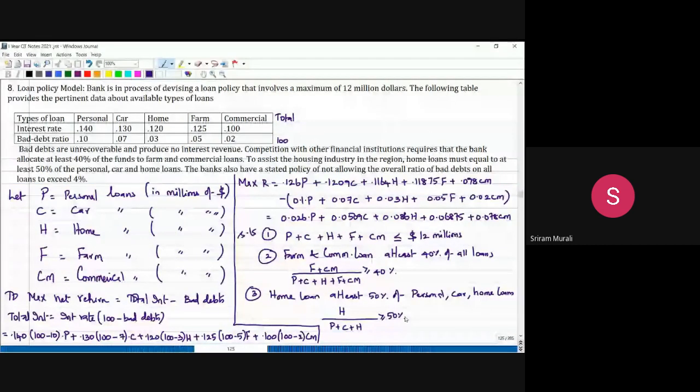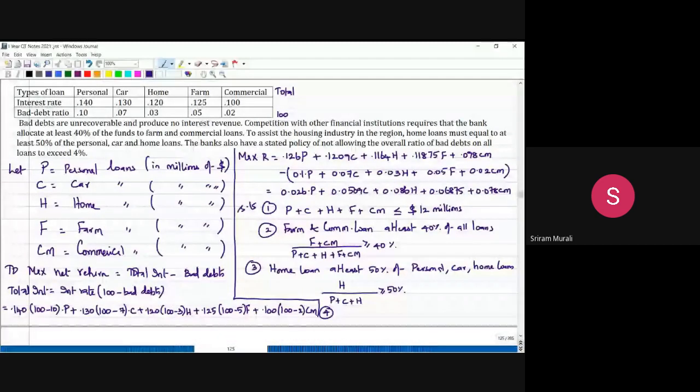What is the fourth one? Bad debt should not exceed 4% of all loans. So how do you get this?